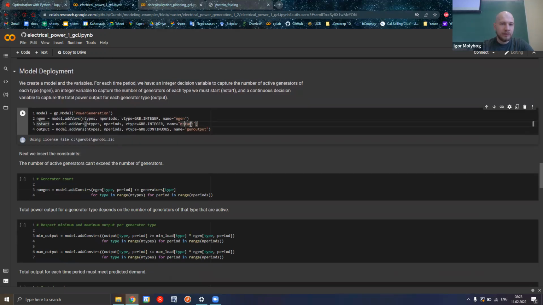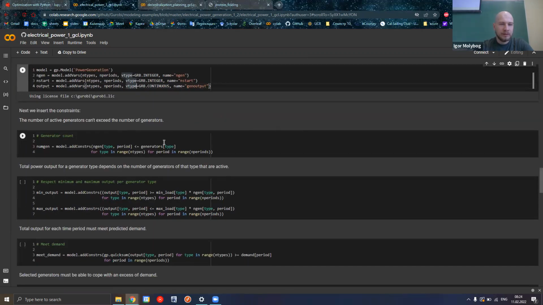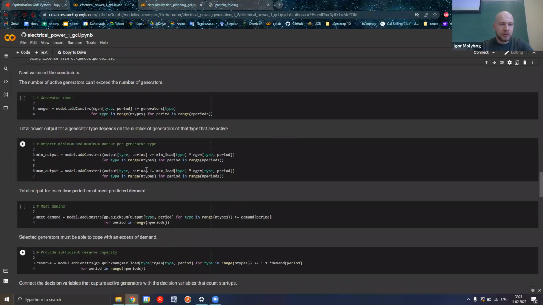Each of the variables gets its own domain, for example, the integer domain or the continuous domain for the output of generators. And after that, we need to take care of the constraints. So we one by one encode the constraints.